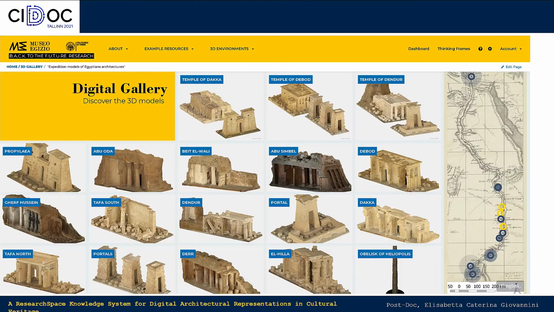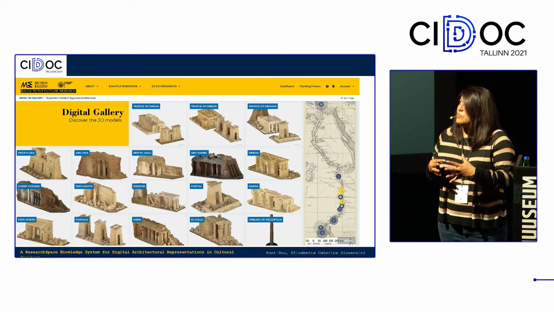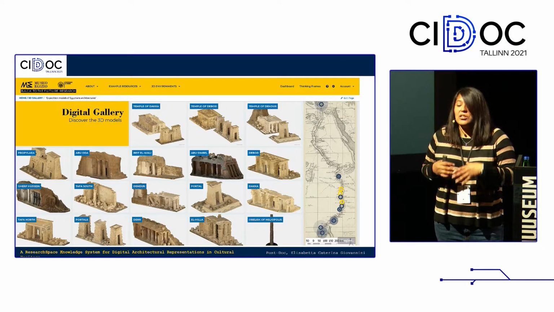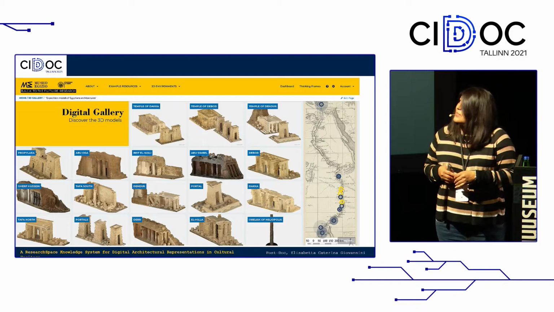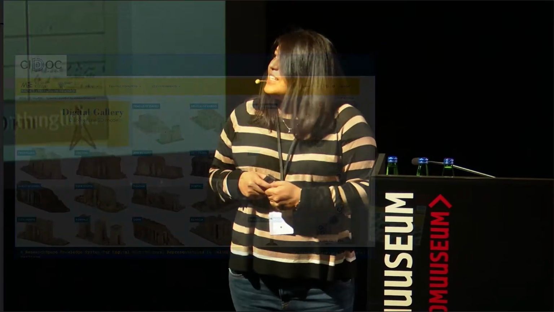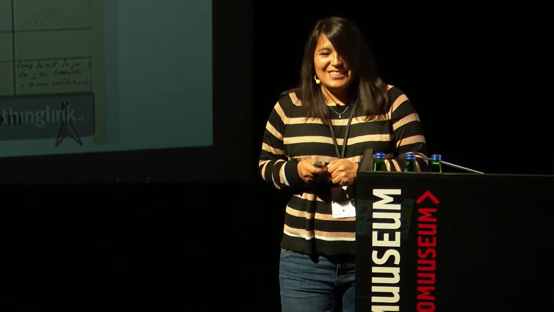Okay. Finally, we put the HTML code and all this data inside the ResearchSpace, and so now we can use ResearchSpace as a comprehensive knowledge system of the research, including the 3D models. So, thank you for your attention.